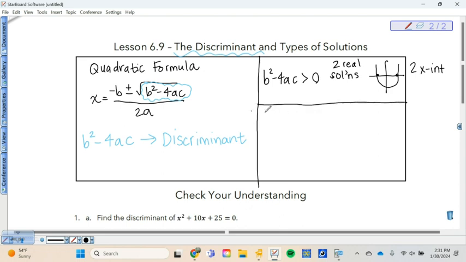If b squared minus 4ac equals 0, there is one real solution and one x-intercept.